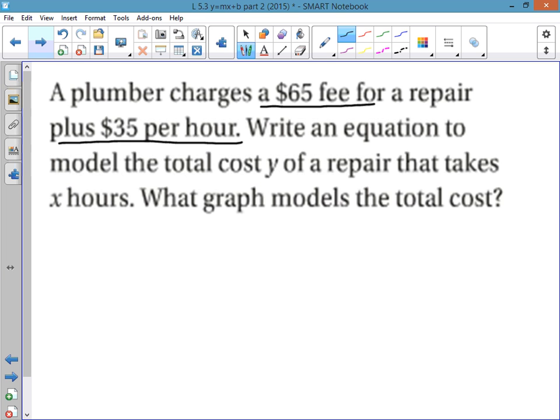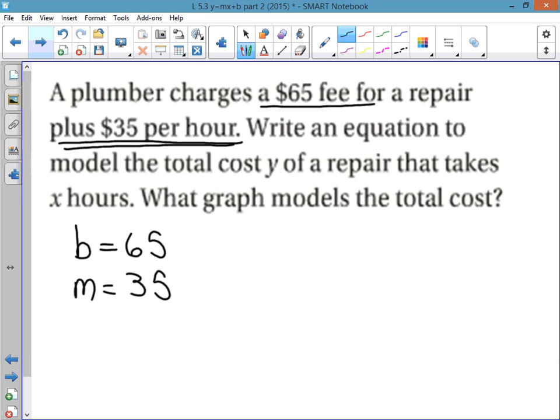So the flat fee, or the startup cost, or the fee that they charge you just to show up, is really the beginning cost, or the beginning point. So in this problem, the beginning cost is $65. And the rate that they charge you after that, that's the rate of change, or the slope. So for this problem, it's $35.